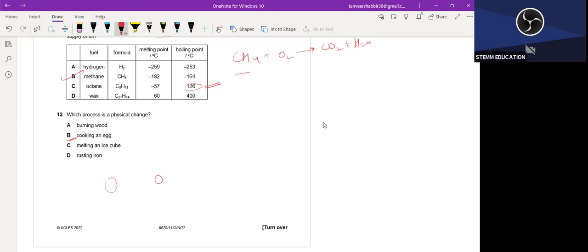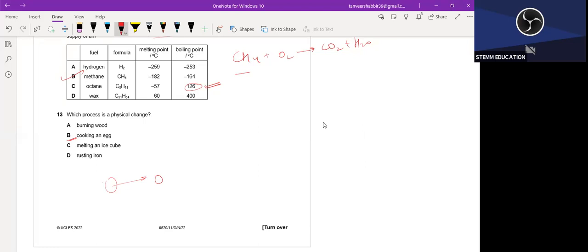It's a chemical change, because the proteins present in the egg are denatured, or you can say deformed into other proteins. That's why a chemical change occurs here. So cooking an egg is not a physical change, it's a chemical change. Burning wood is also not a physical change, it's a chemical change.